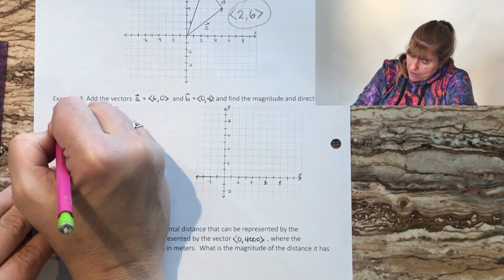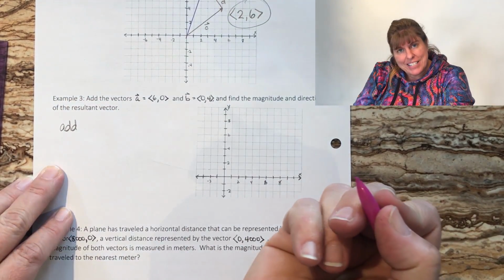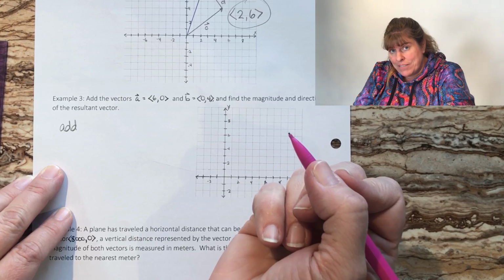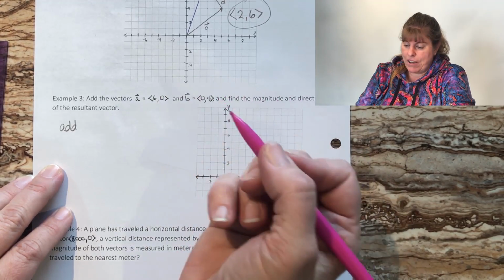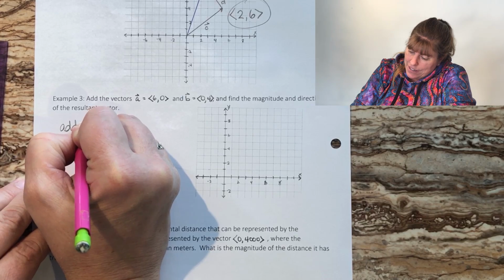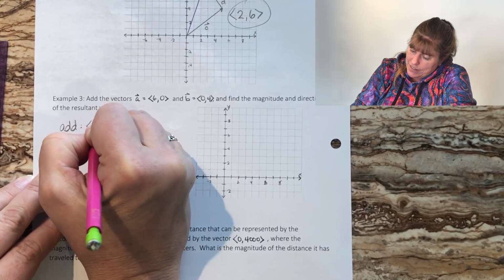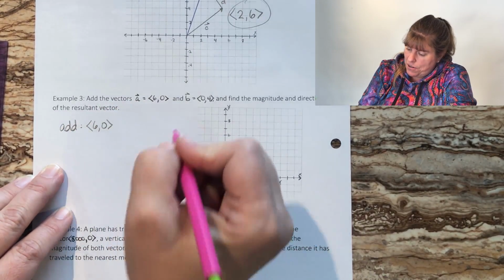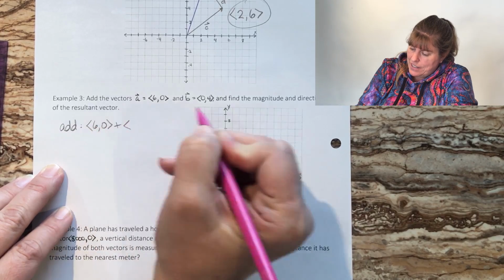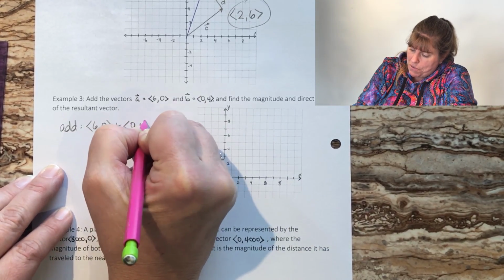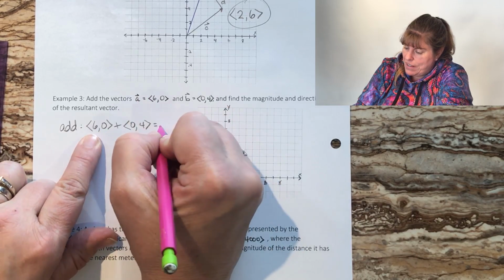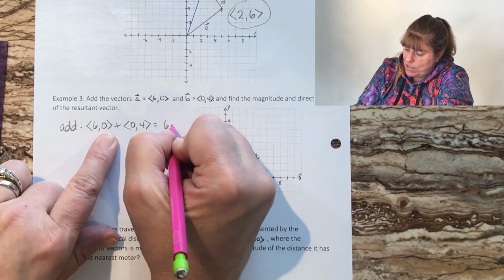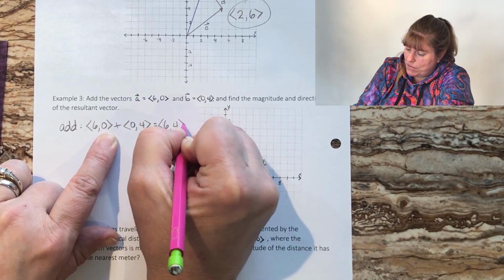So again, if you remember from lesson 63, and it doesn't say we have to have parallel or head to tail method, we can just add these two vectors. So we're going to add the vector 6, 0 and the vector 0, 4. If you remember from lesson 63, you're just going to add these two, and that becomes a 6, and you add these two, and it becomes a 4. So this is your resultant vector.